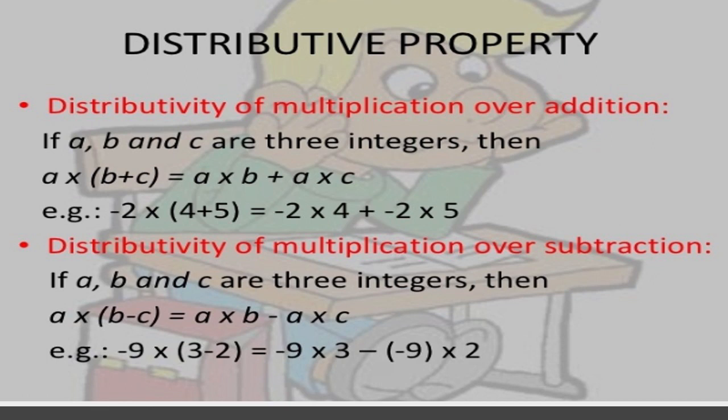Let's see the RHS part. Minus 9 into 3 is minus 27. Minus 9 into 2 is minus 18. Here it's a minus sign, so it will be added up. So we see that LHS as well as RHS both come to be minus 9. So distributive law for multiplication over subtraction also holds.